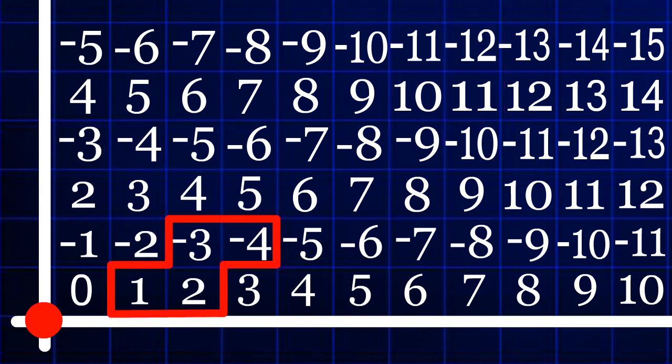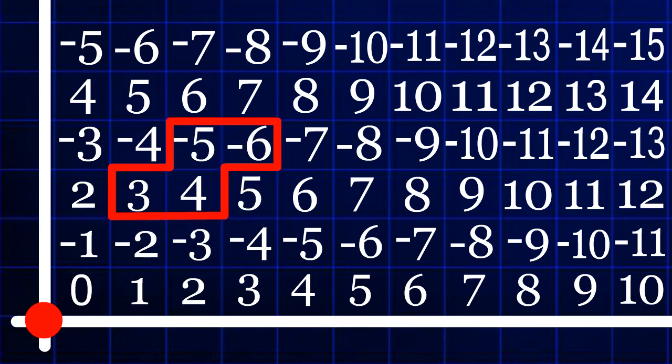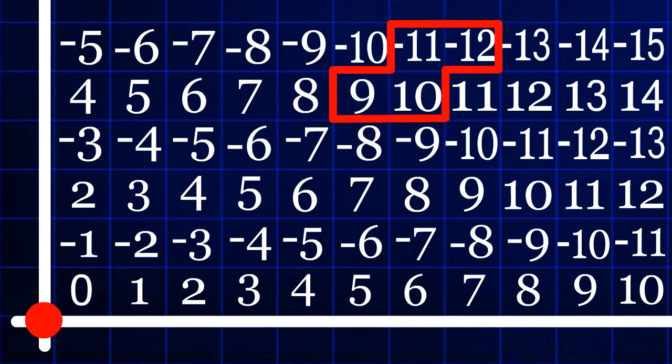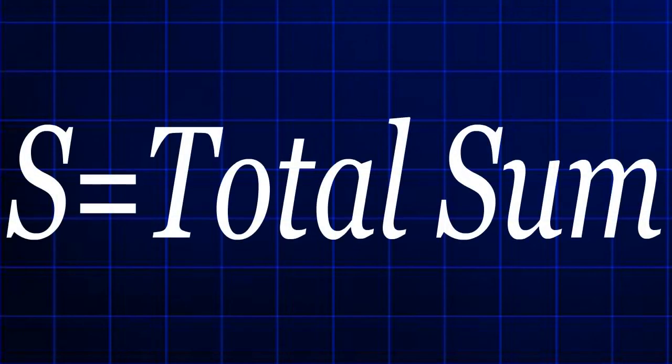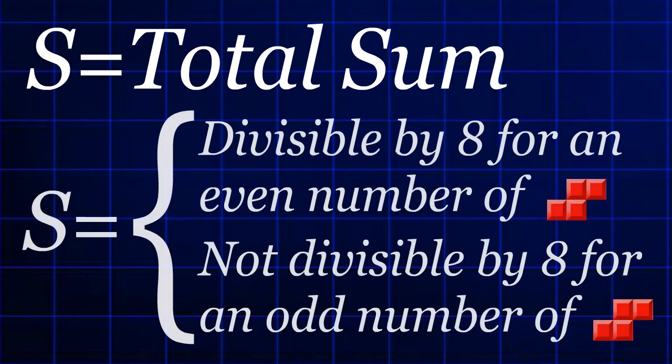However, each red tetromino adds 4, or minus 4, to the total sum. This clearly implies that the total sum of the numbers in the dominoes, which are occupied by the polygon P, is divisible by 8, if, and only if the number of red tetrominoes is even.